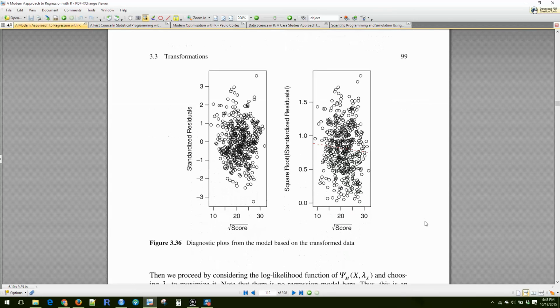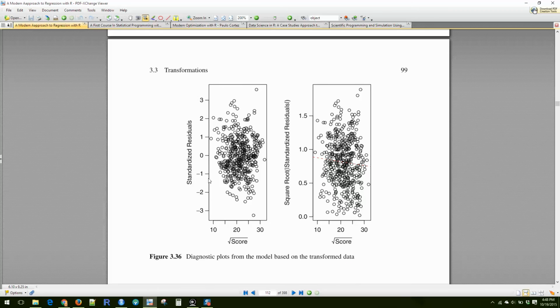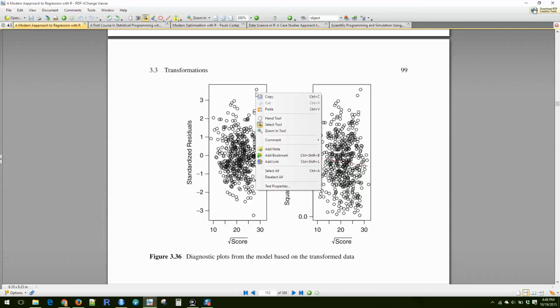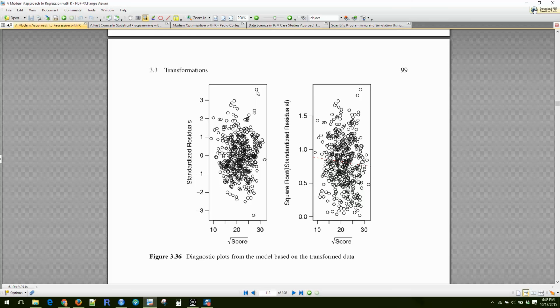And then when we look at the diagnostic plots, and we look at the standardized residual and the scale location, again, these plots probably aren't the best plots, but we say, okay, that one outlier that was crazy at 6 standard deviations has been brought under control to around 3, which is a good sign.